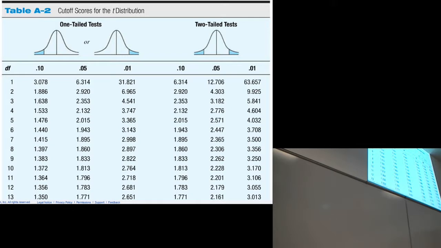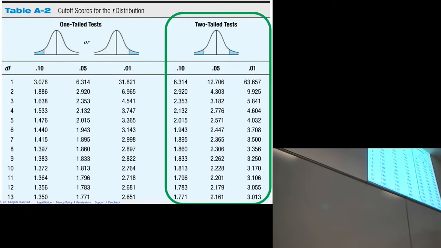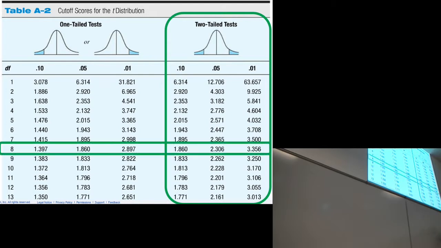So for example, we know from the question that we're doing a two-tailed test. So we know that we're in this area here of the table. We're not over here in one-tailed land. We're over here looking for a cutoff score for a two-tailed test. We also know that we have a degrees of freedom of 8, so we know that we're in this row right here.